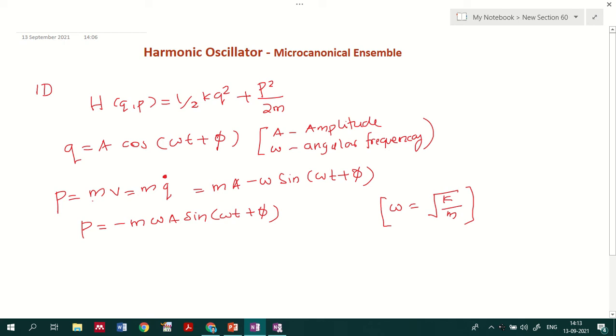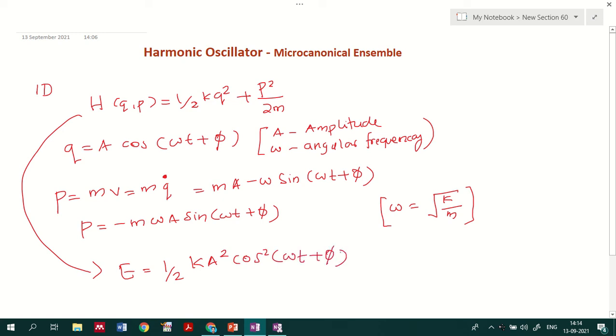Now the Hamiltonian represents the energy, so I can substitute q and p from the above equations. Since the Hamiltonian is the total energy, E equals half k a square cos square(omega t plus phi), plus 1 by 2m into p square, where p square is m square omega square a square sin square(omega t plus phi).